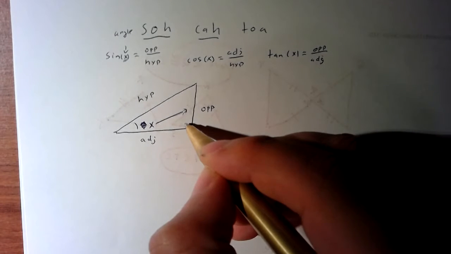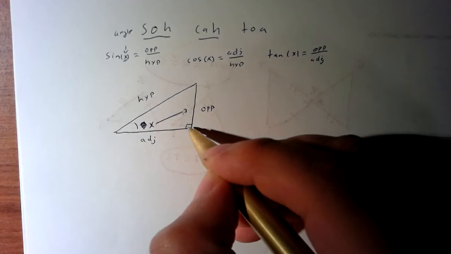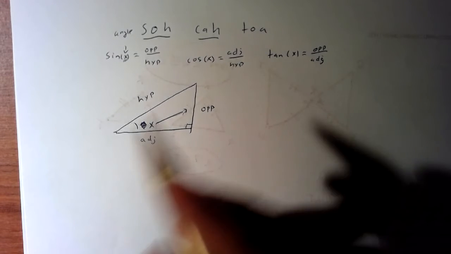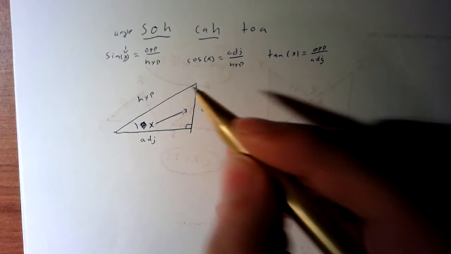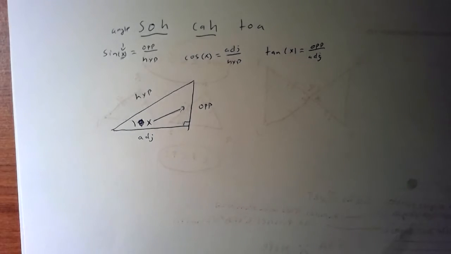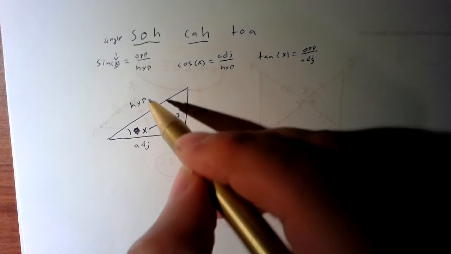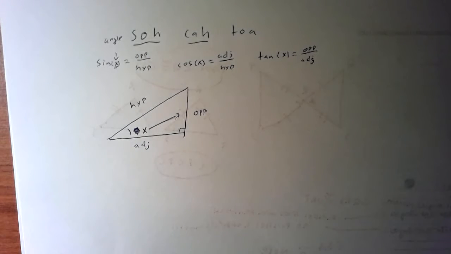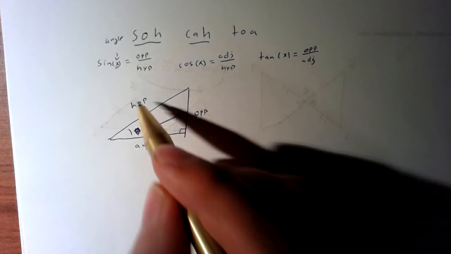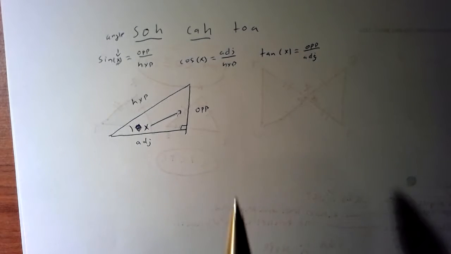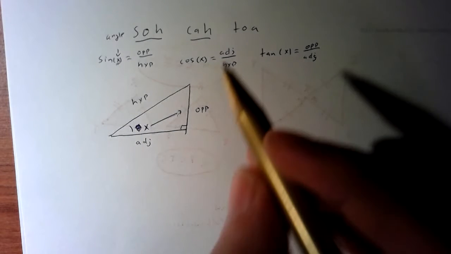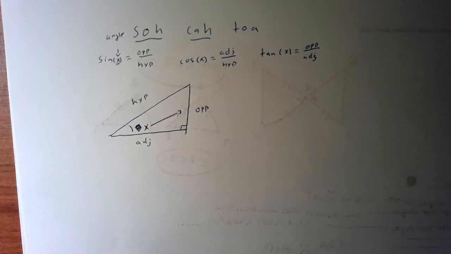It's also the side that's on the opposite of the 90-degree angle. And so here's our 90-degree angle, so on the opposite, the hypotenuse. Okay. So sometimes it helps, if you want, to write hypotenuse first when you see a right triangle. So you already know that that's the hypotenuse. And then we have our adjacent, and then the opposite.